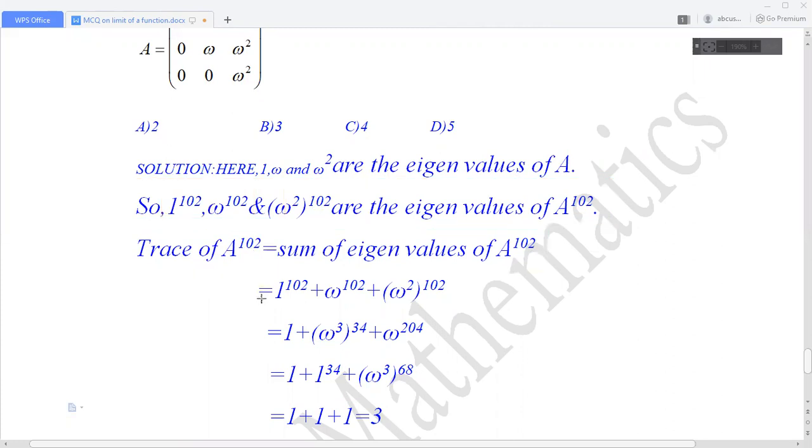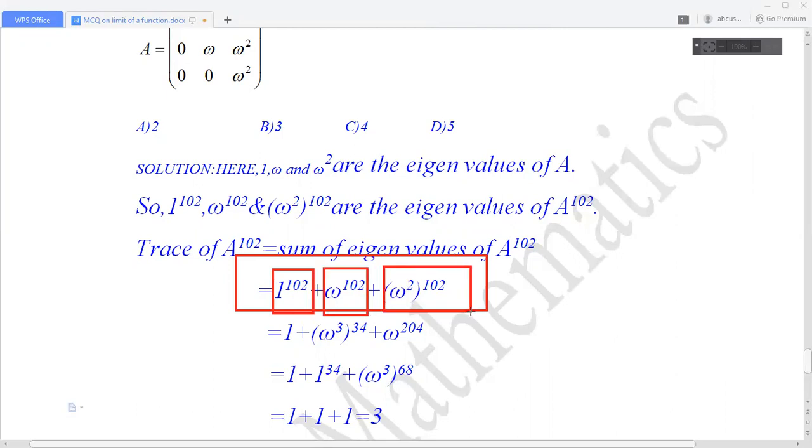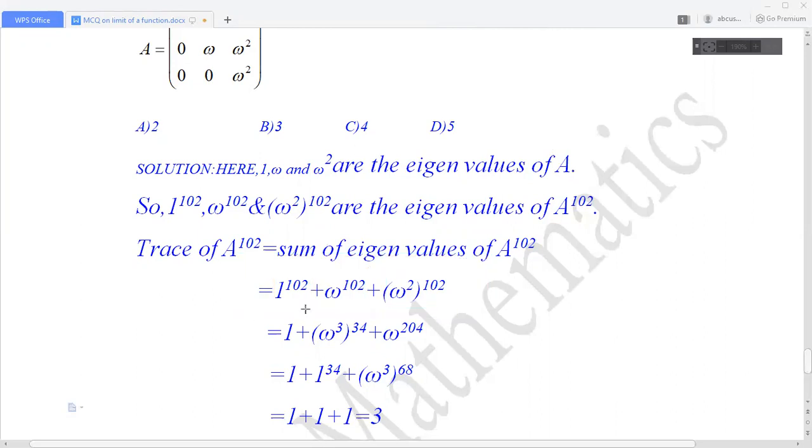Okay, and let's do the sum here. Here is the sum of the eigenvalues of A to the power 102: 1 to the power 102 plus omega to the power 102 plus omega square again to the power 102. And let's simplify this expression. Here 1 raised to the power 102 is equal to 1.